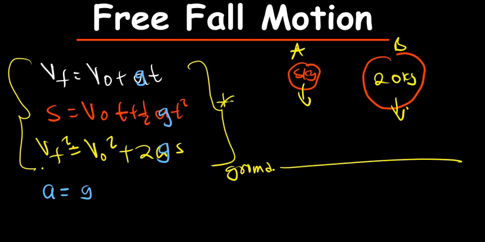What you are going to observe is that both object A and B are going to reach the ground at exactly the same time. Because these two things are both moving with 9.8 meters per second squared, they are both under the influence of gravity.